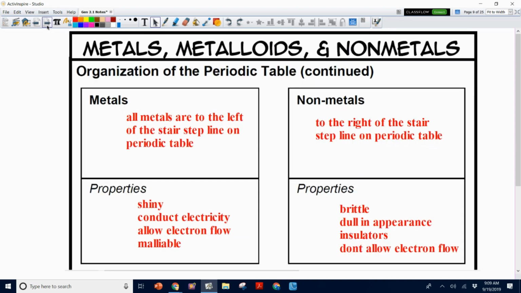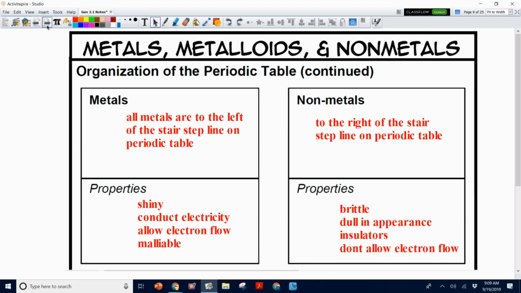Okay, so let's look at some characteristics of metals and nonmetals. Some properties of metals are that they're shiny, they conduct electricity, they allow electrons to flow through them. An electron is a subatomic particle of the atom. And they're malleable. Malleable means that you can hammer the metal into thin sheets.